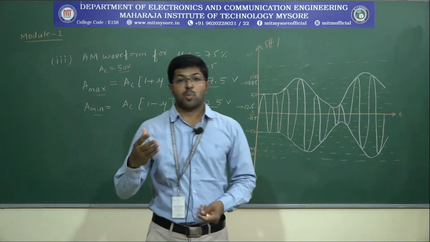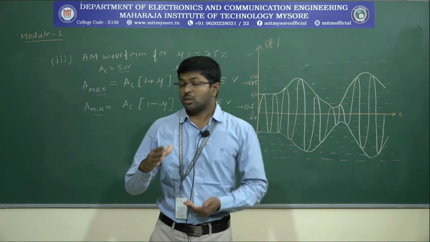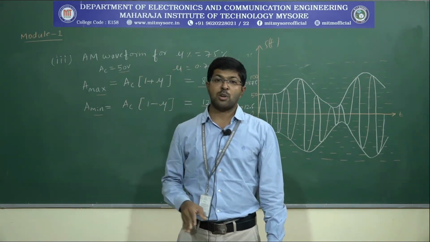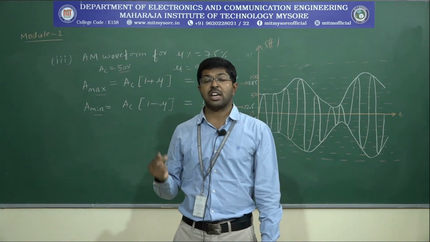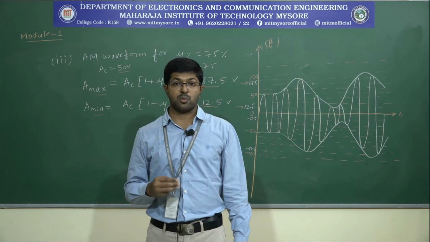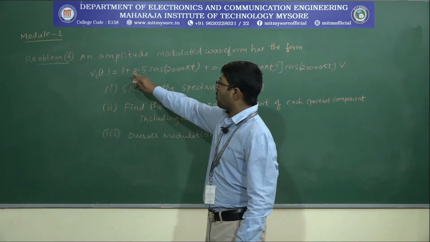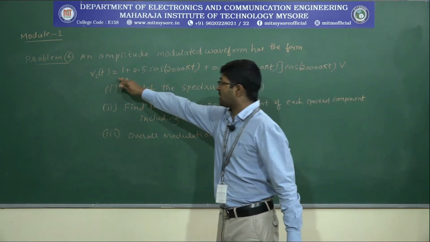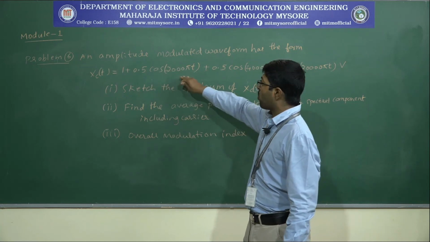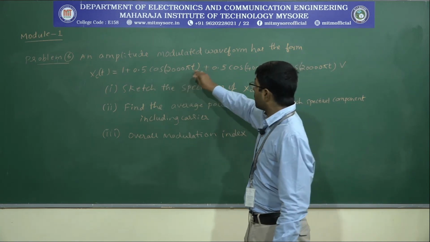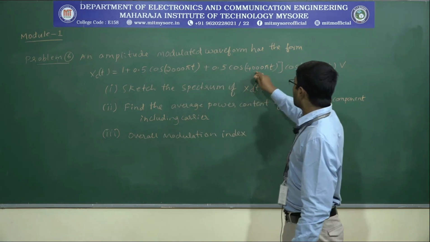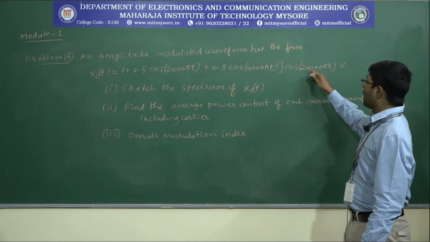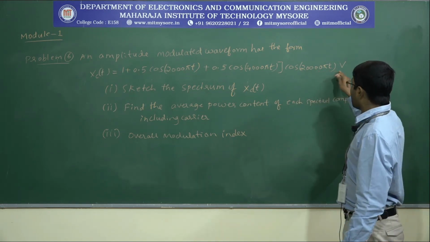The next problem we have is similar to problem number 5, but instead of one frequency we have two frequencies, Fm1 and Fm2. The sixth problem is an amplitude modulated waveform of the form xc of t equal to 1 plus 0.5 cos 2000 pi t plus 0.5 cos 4000 pi t, into cos 20,000 pi t volts.